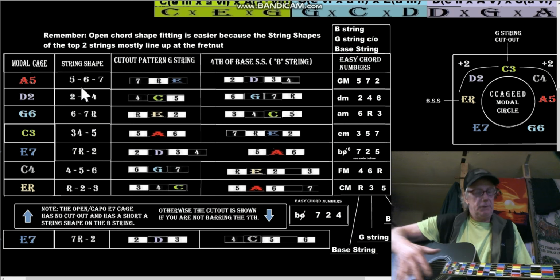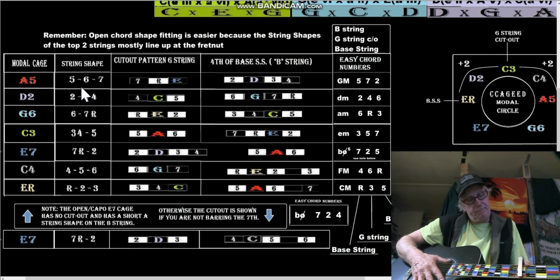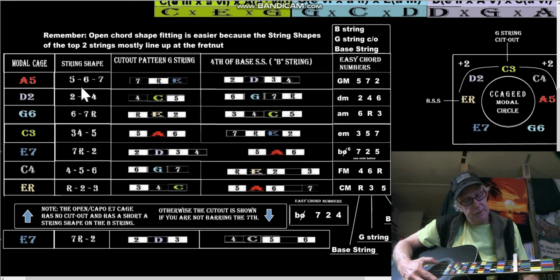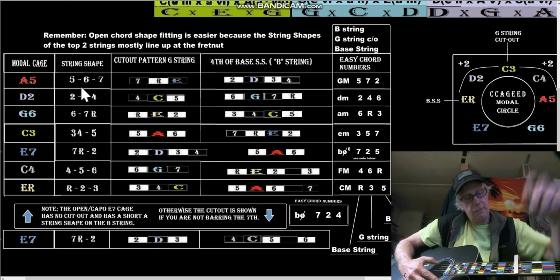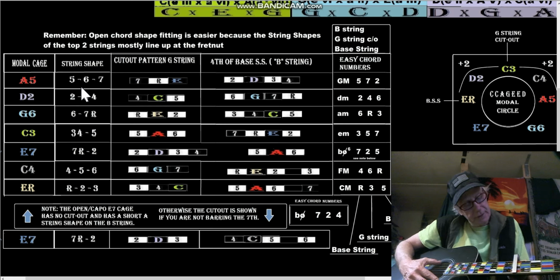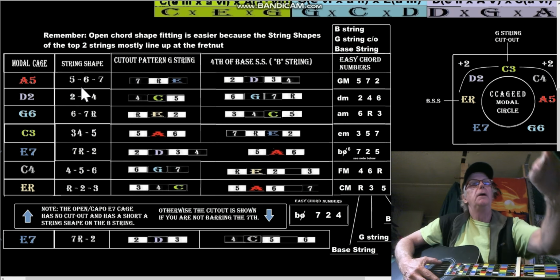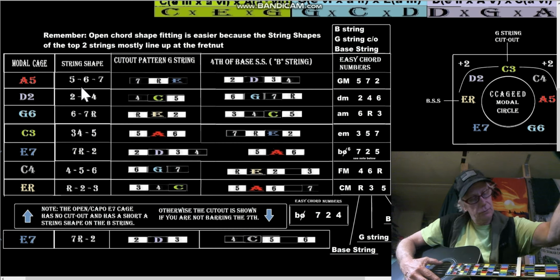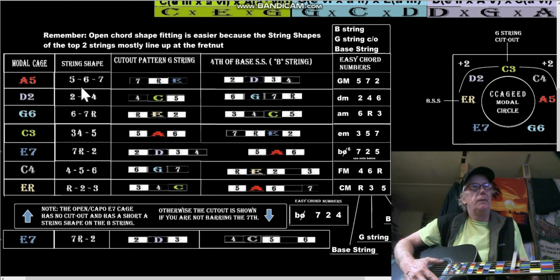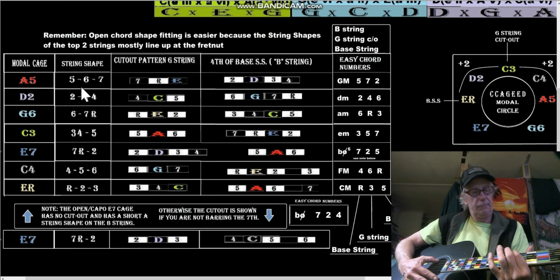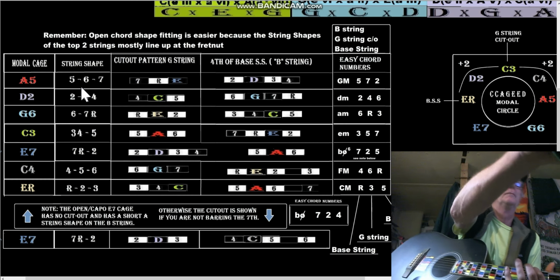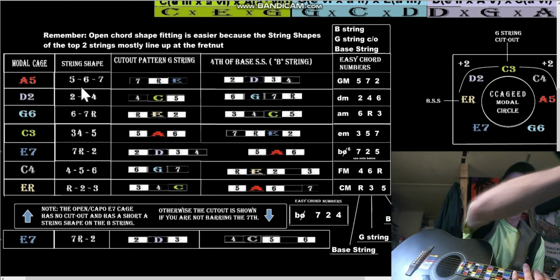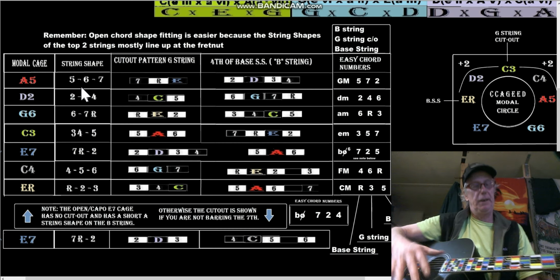Let's look at the A mixolydian way up here. Key is C. This G here. Why is this out of tune? Okay, it wasn't out of tune.